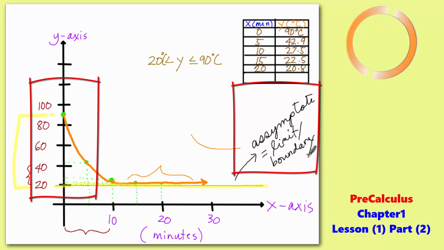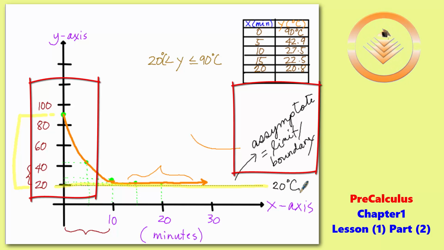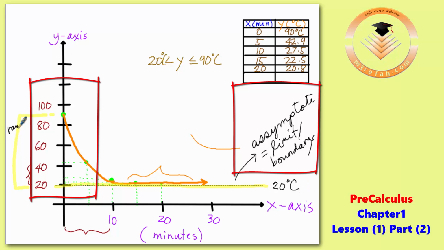In this case, that's absolutely true. As I've told you, the coffee temperature won't be equal to the room temperature of 20 degrees Celsius. The coffee temperature won't reach 20 degrees Celsius simply because of thermal conductivity, as I've explained to you a while ago. So this would be the range.